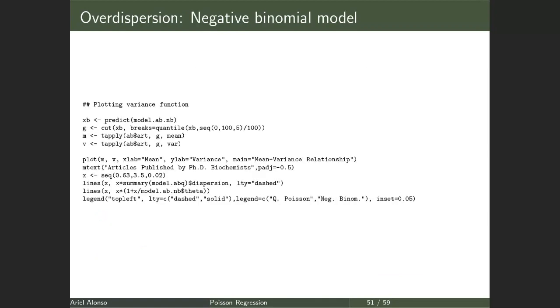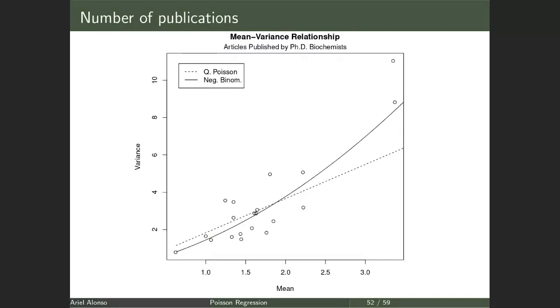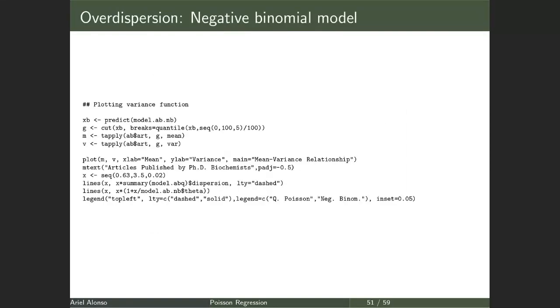So here you have the code to do that. What you essentially do, well, look at the code, but you just make quantiles. You make breaks, you create categories for the predicted values of the models, and then within those categories you calculate the mean and the variance.